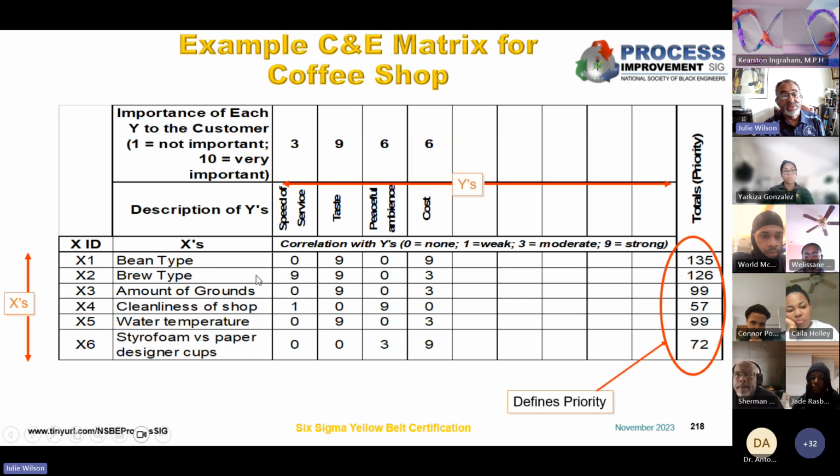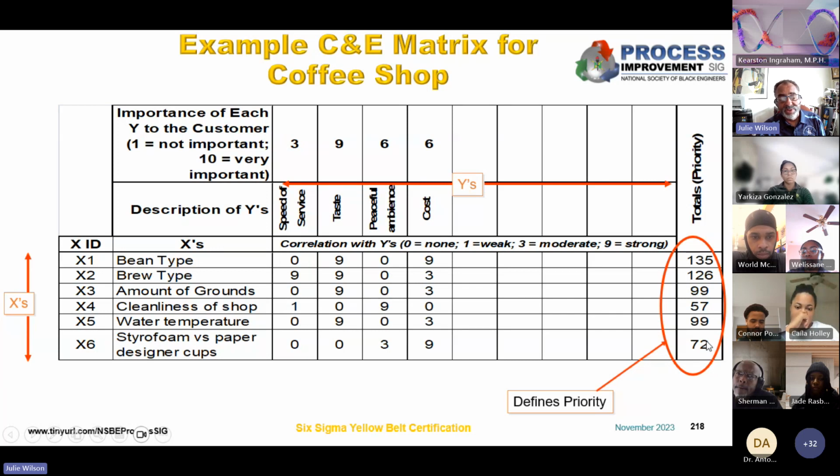And those are the Y's, and you can see X's: bean type, brew type, amount of grounds, cleanliness of the shop, water temperature, and whether you use a styrofoam or designer cup. And what we ultimately want to get to is the score on the right-hand side, which is a priority ranking. And in this case, the higher score indicates the higher priority.